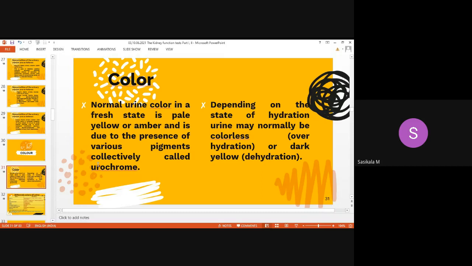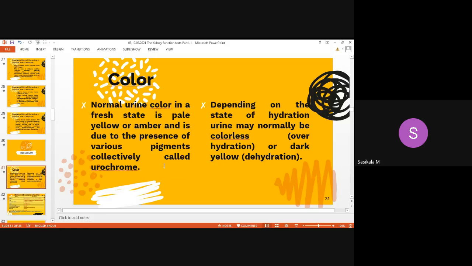If you understand the mechanism, you know what urochrome is and what pigments are present in the urine. Mainly bilirubin and biliverdin will be converted to urochrome. That is a pigment, so that your urine color is yellow or amber.